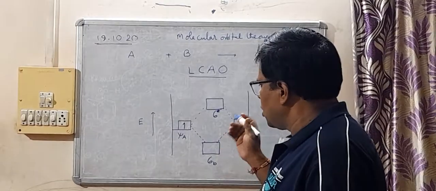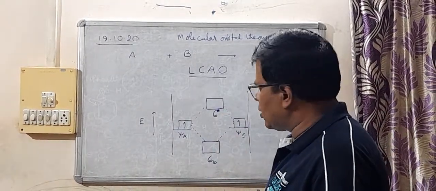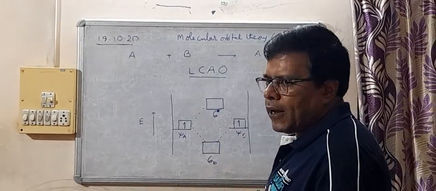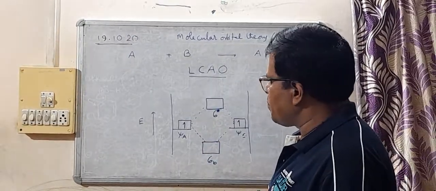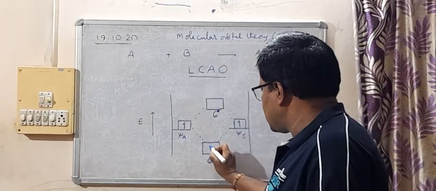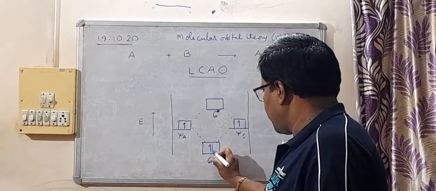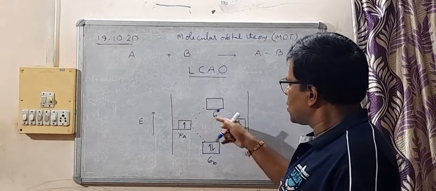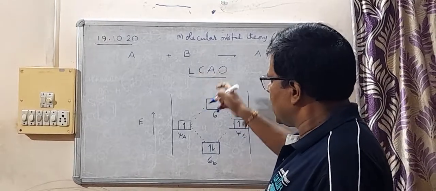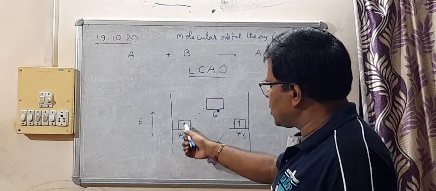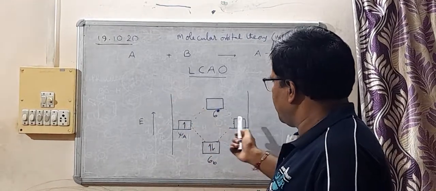And this molecular orbital will be filled with electrons. So in total there are 2 electrons, and according to the Aufbau principle, these 2 electrons will be present here. So this is what is a linear combination of atomic orbitals. Atomic orbitals are present in an atom.